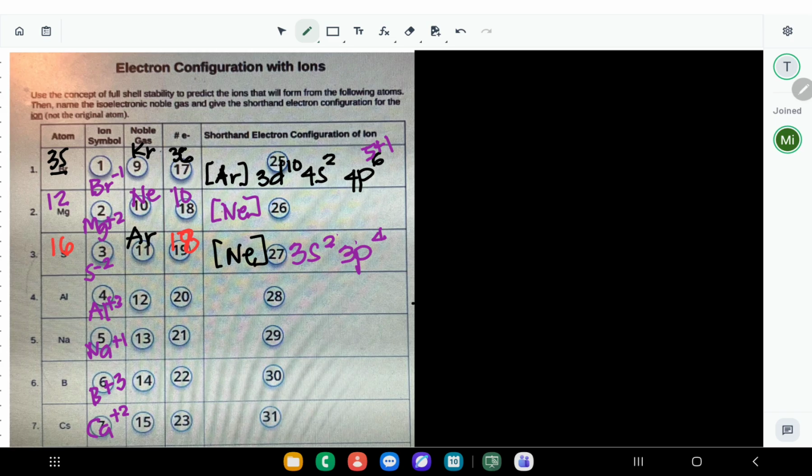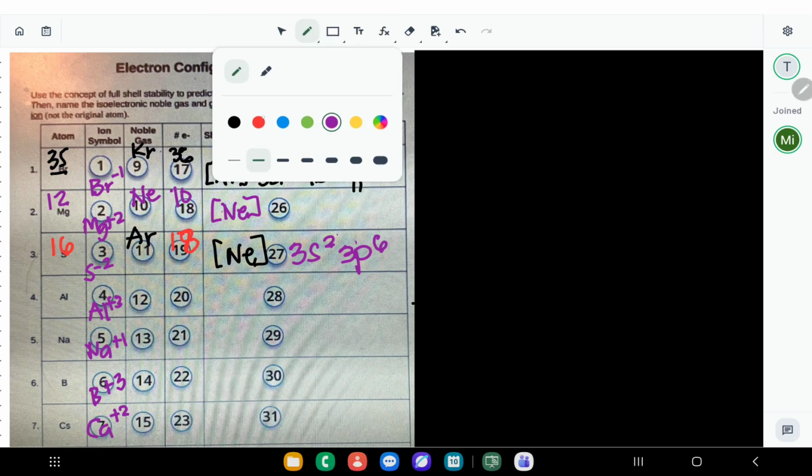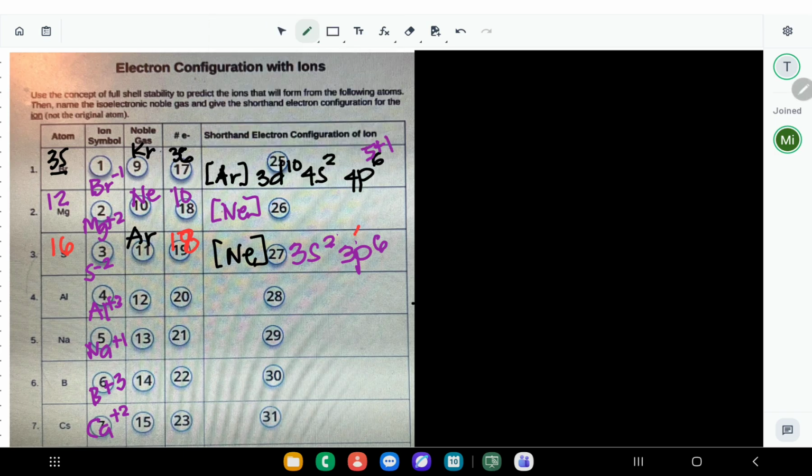No, 3p6, right? Because we add electrons. We add 2 electrons. Supposedly it's 3p4 for the original electron configuration, but we add 2, that's why it's 6.